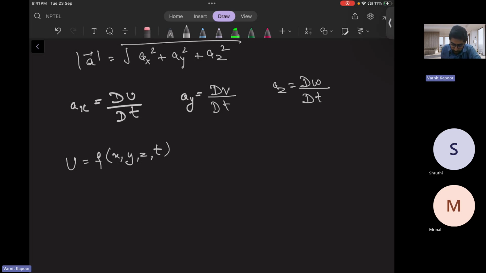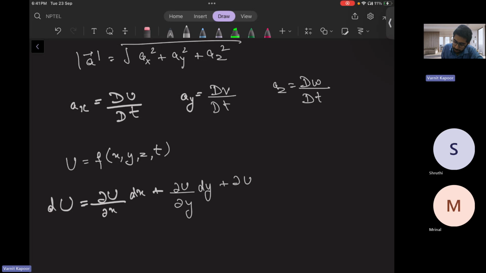So first of all, the derivative of the velocity u can be written as: du equals dou u by dou x dx plus dou u by dou y dy plus dou u by dou z dz plus dou u by dou t dt.